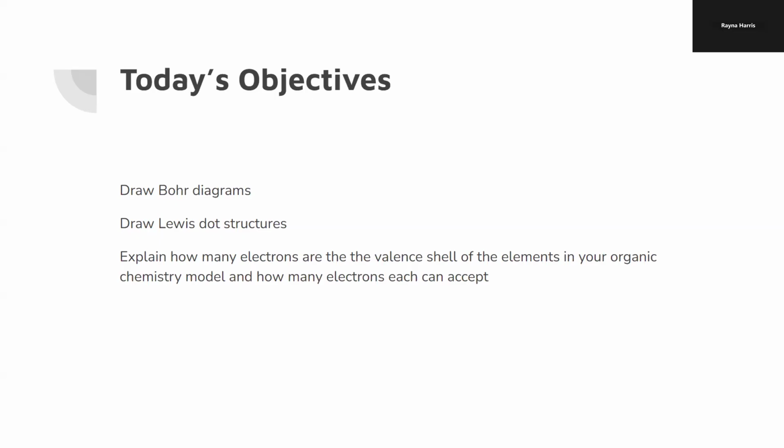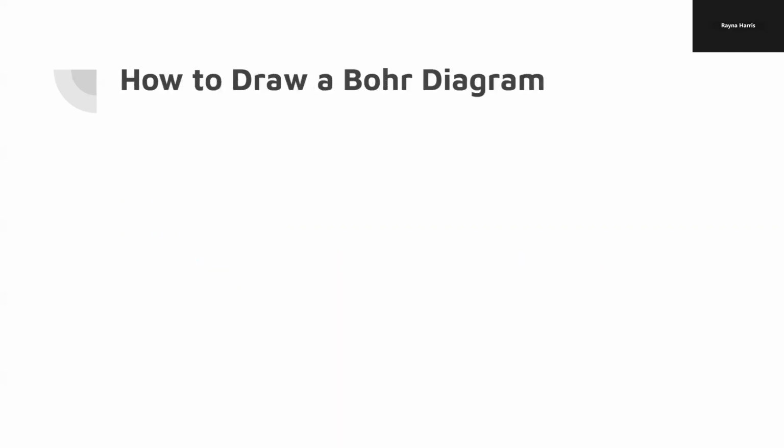And then I'll pass out these model sets, and you should be able to, given any molecule in that model set, explain how many electrons are in the valence shell and how many electrons it can accept. So we'll pass out the models in a little bit, but not yet. So that's what we're going to do today. It's short, so I think this is the perfect amount of stuff to do.